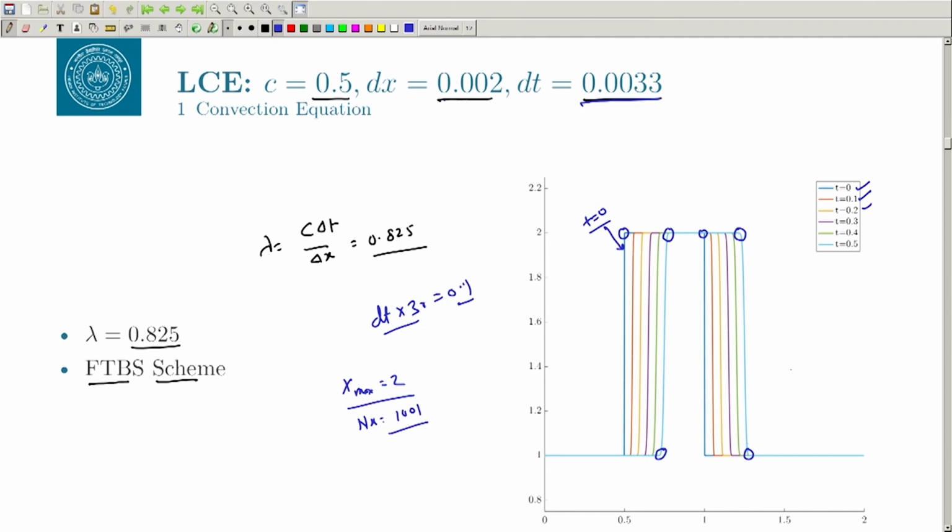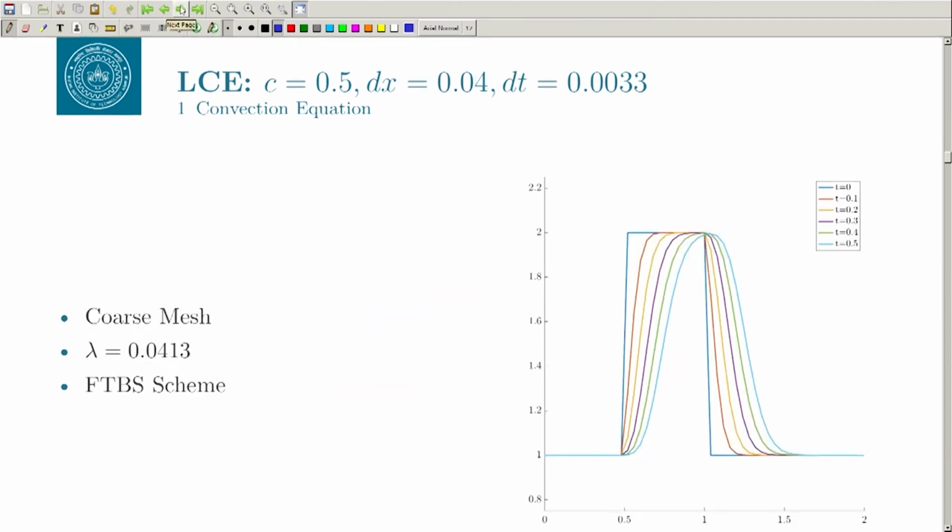Okay, now let us change some parameters, and what we do, we basically make the mesh very coarse. So, we have x max equal to 2. We take n x equal to, I think, 51, only 51 grid points.